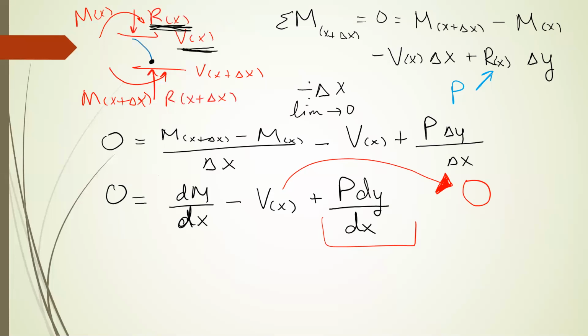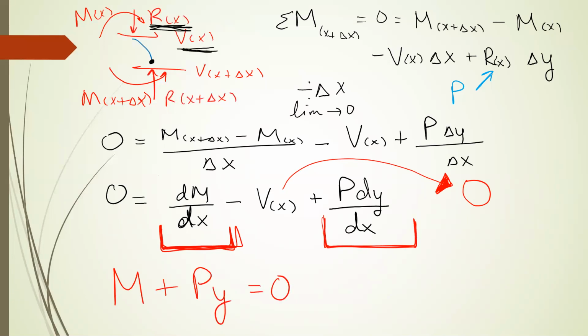And if we go all the way to one of the boundary conditions, we're going to see that there is no horizontal force because there's nothing causing a horizontal applied force. So yeah, they're all equal and they're all 0. So this gives us just dM/dx, the derivative of the moment, plus P times the slope equal to 0. So we can integrate that and we get that M plus P y is equal to 0.